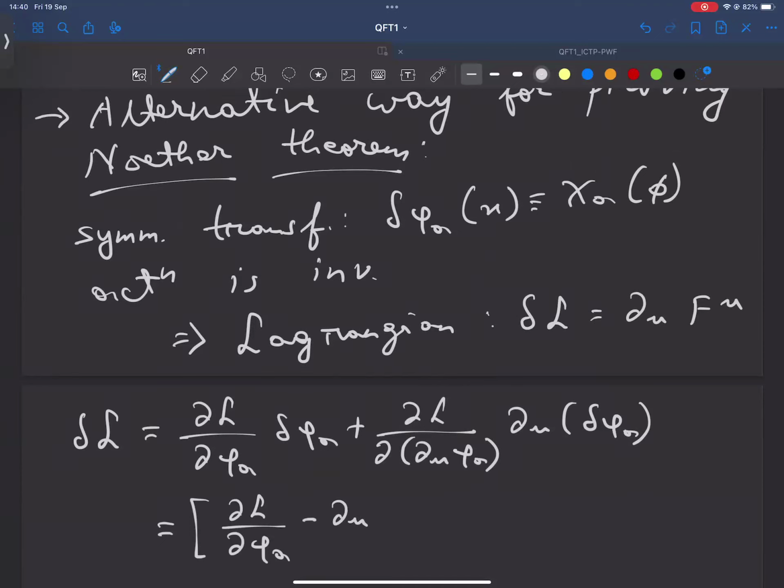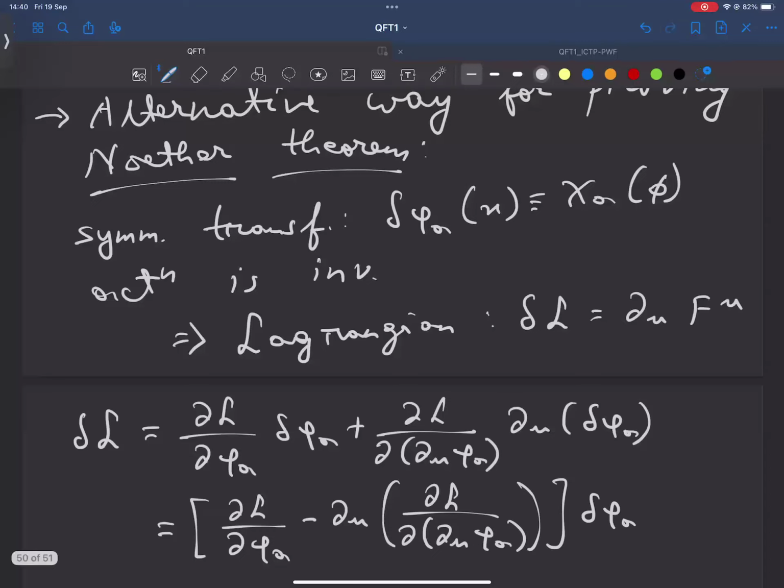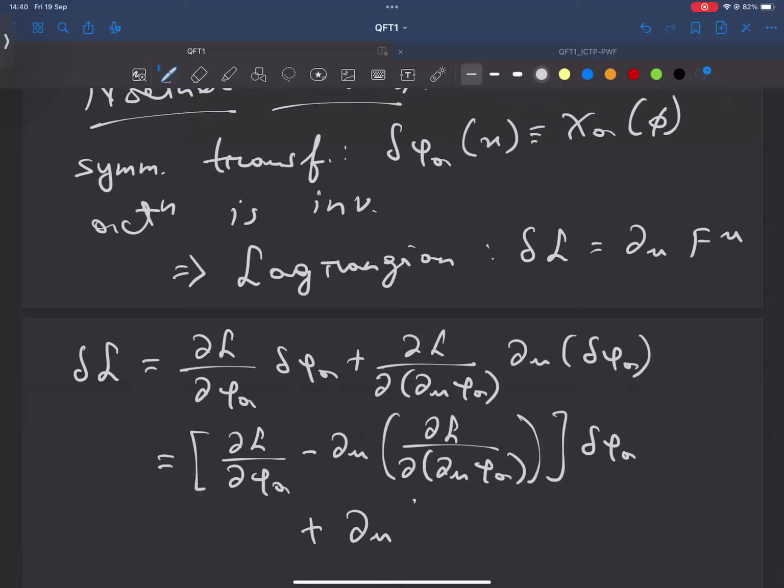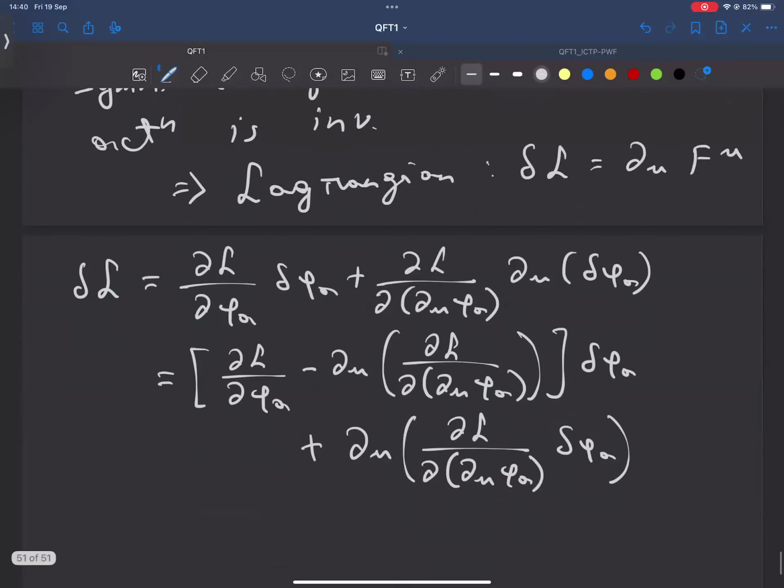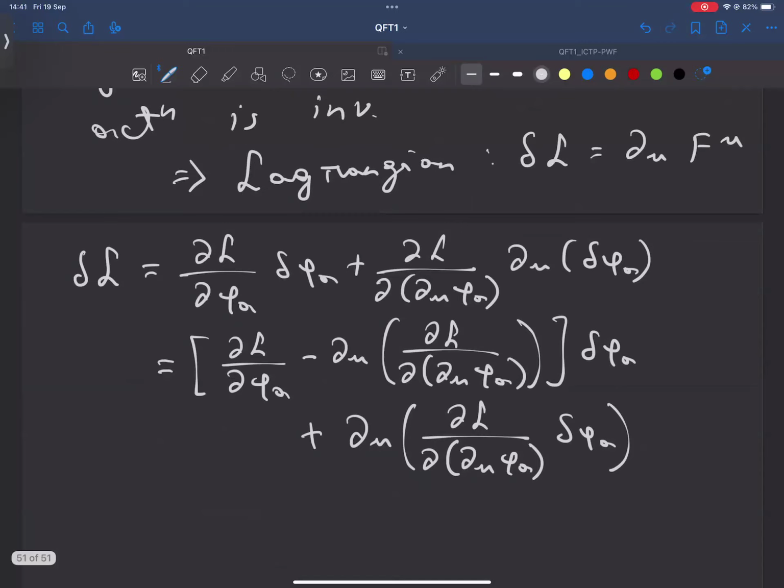Do the product rule, bring it to this nice form, plus a total derivative term. Again, this is something we did very carefully last time. So we're just expanding the Lagrangian as a function of fields and its derivatives. Now we know that if the action is invariant, then what you can identify as the Euler-Lagrange equation must be satisfied, so we can set that to 0.